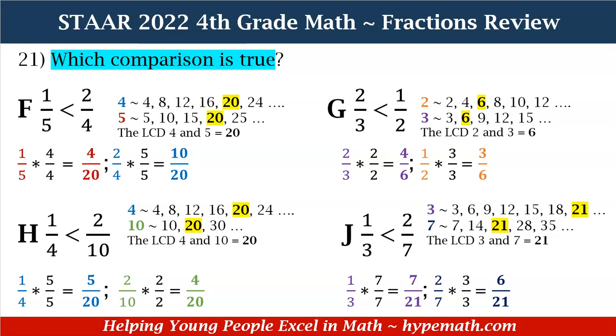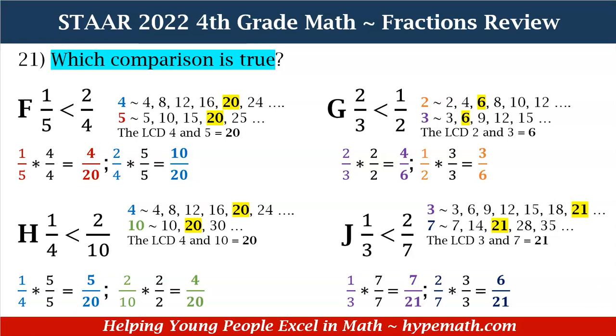Again, writing my multiples, starting with 3, we have 3, 6, 9, 12, 15, 18, 21. And for 7, we have 7, 14, 21, 28, 35, and so on. And we see that our LCD of 3 and 7 is equal to 21. Now that I have my LCD, I can find my equivalent fractions.